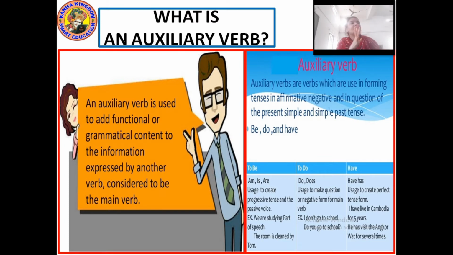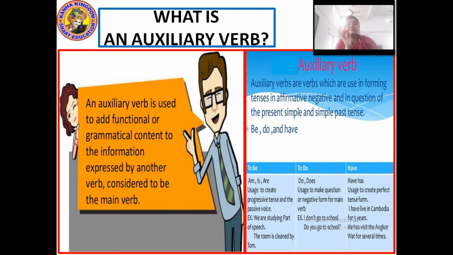If be is used, then is, am and are are the three verbs which we can use for be. The usage of be is to create progressive tense. If we want progressive tense, then we will use is, am, are.